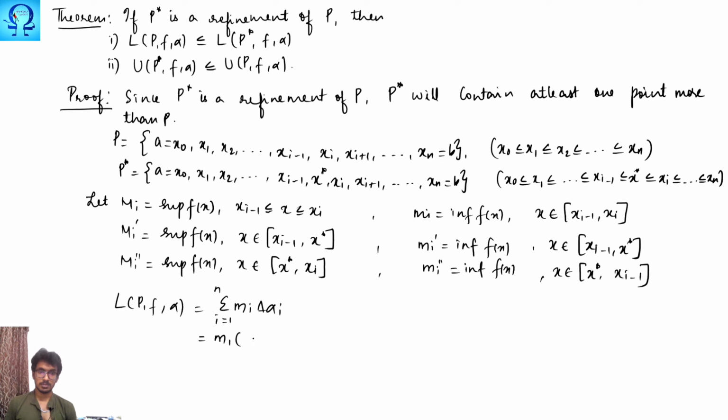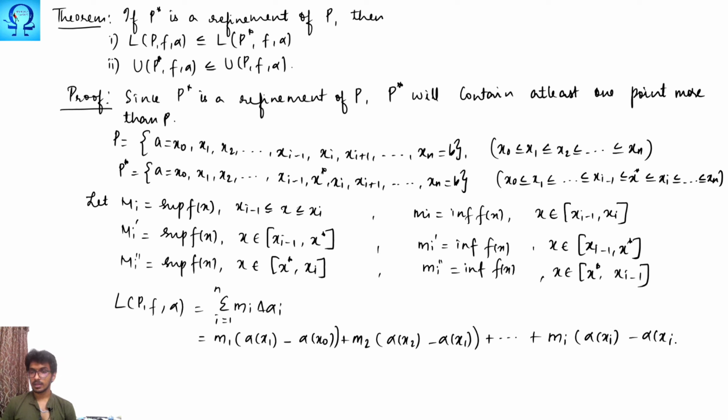So it is m1 times alpha of x1 minus alpha of x0, plus m2 times alpha of x2 minus alpha of x1, and it goes till mi times alpha of xi minus alpha of xi minus 1, and it goes till mn times alpha of xn minus alpha of xn minus 1. Let us mark this as equation 1.